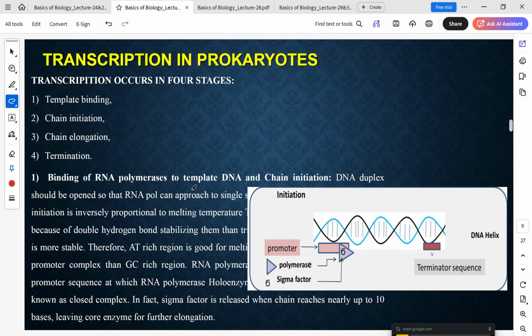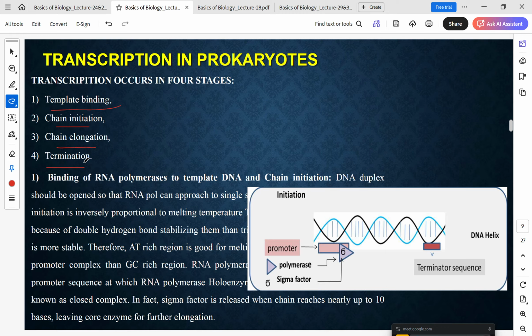So in case of prokaryotes, the transcription happens in 4 stages: template binding, chain initiation, chain elongation, and termination. For template binding, as you remember, the DNA is double stranded, tightly wound, so it needs to be opened up so that the RNA polymerase can bind to it. So helicases play a very important role in this stage.